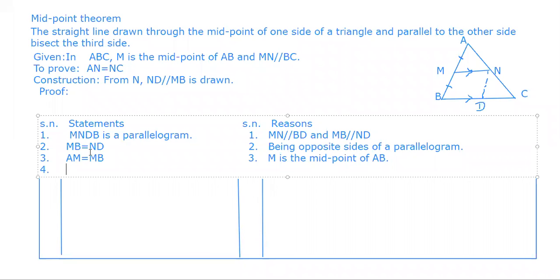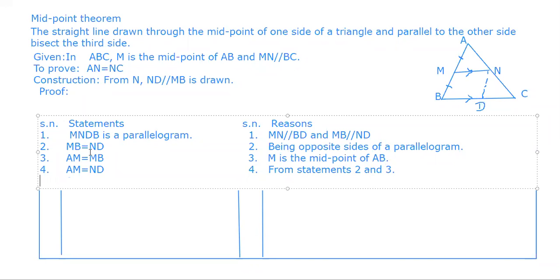So ND and AM are equal. AM is equal to ND. The reason is statements 2 and 3.